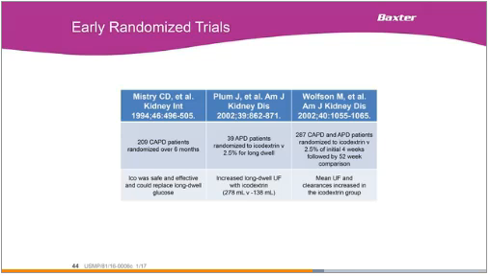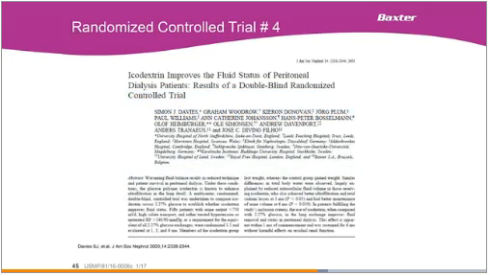One was a shorter-term 4-week study that was again looking at safety and efficacy, followed by a 52-week long-term study, the longest to date, again looking at longer-term safety and efficacy, and they concluded that the ultrafiltration and clearances increased in the group with icodextrin. Very early studies, decades ago.